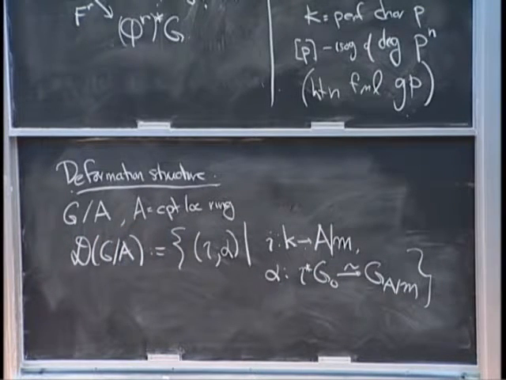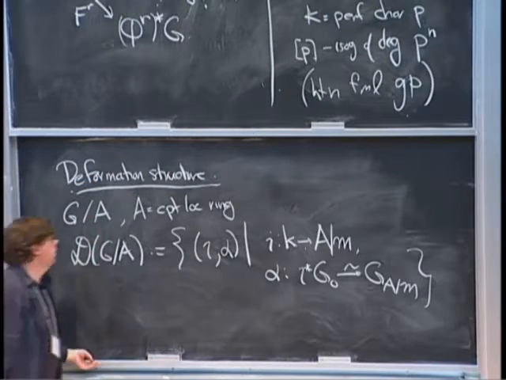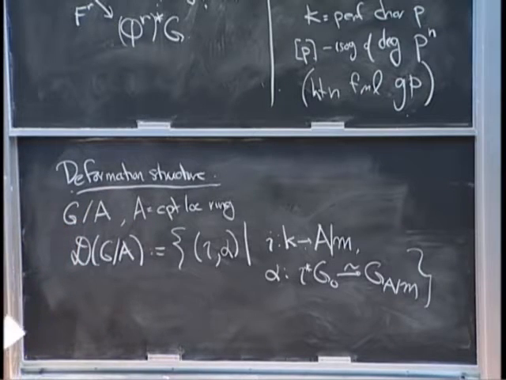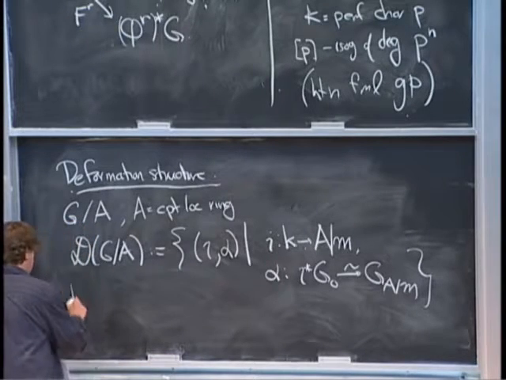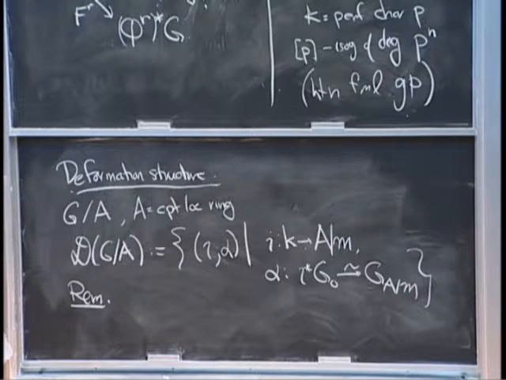So if I have a deformation structure on my G_A, I say it's a deformation of G0. But I'm going to think of the deformation structure as something a little bit separate. It's a piece of structure you add to the formal group. Here's a remark. I can push forward deformations along isogenies.